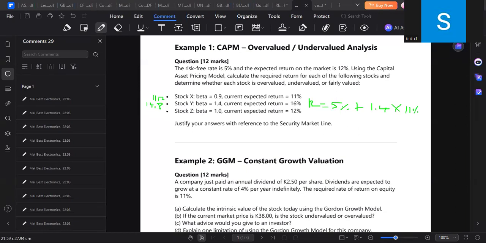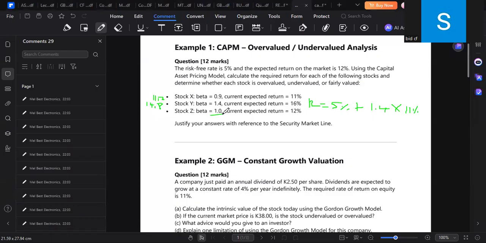So here we found 14.8 against the 16%. What is the position? It is above the CML. So the 14.8% is below the actual 16%. So our valuation is that stock Y is undervalued.